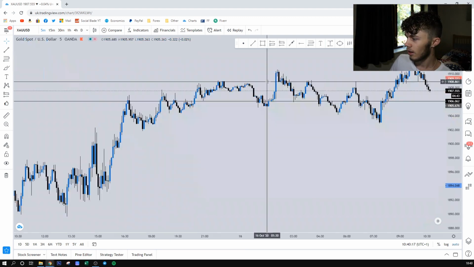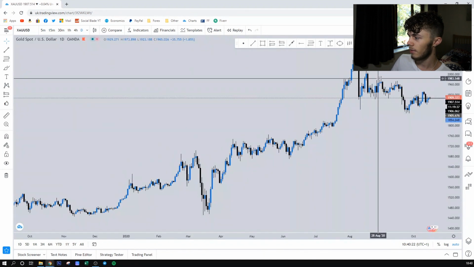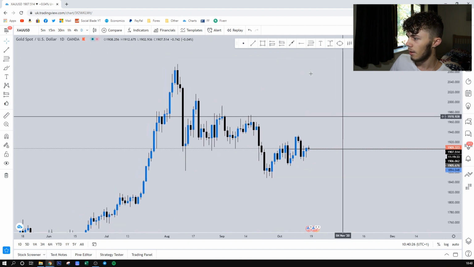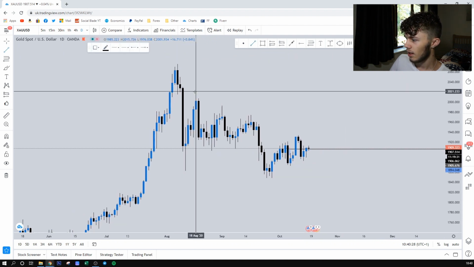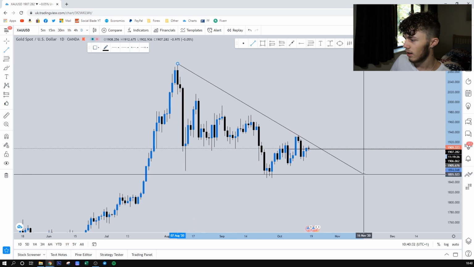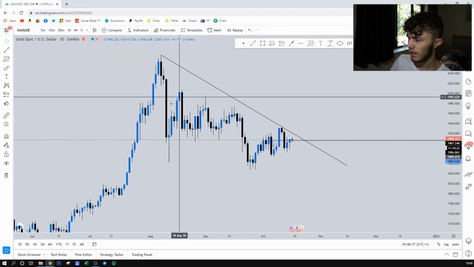If we're looking at gold right now, what I do is go on a higher time frame, let's say the daily, and as you see, price is in a very nice downtrend. A bit of consolidation here.